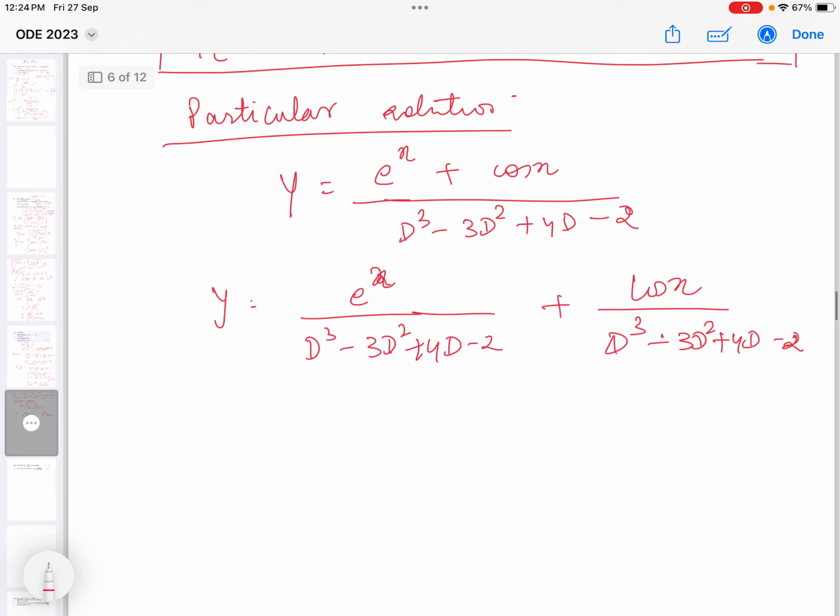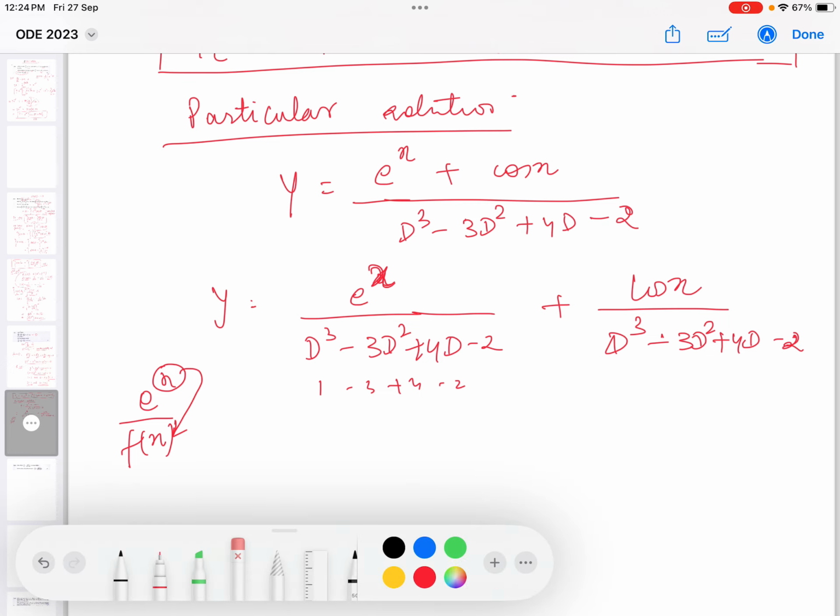In order to solve the particular solution of terms like e to the power ax f of x, whatever the coefficient of x is, we tend to put it here, but you will realize that if we put 1, it becomes 0. So 1 minus 3 plus 4 minus 2, it becomes 0.